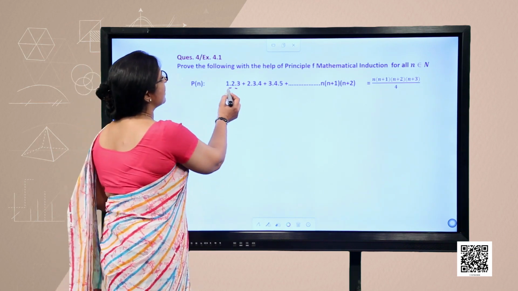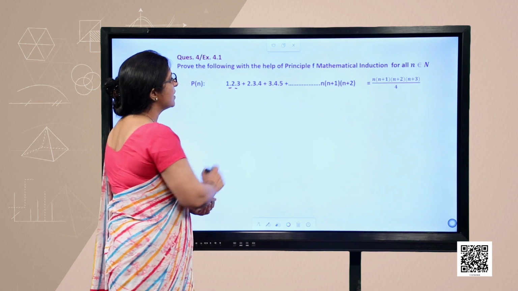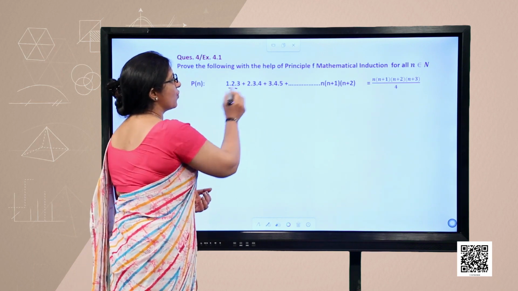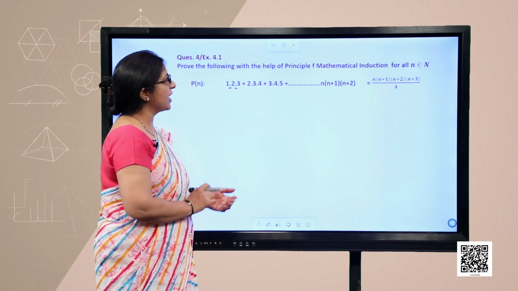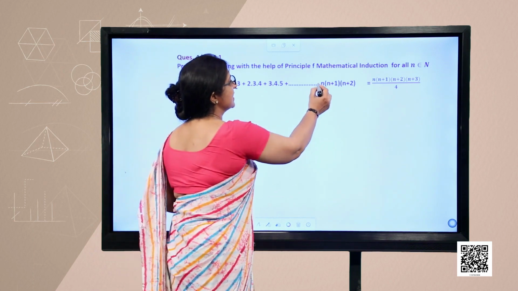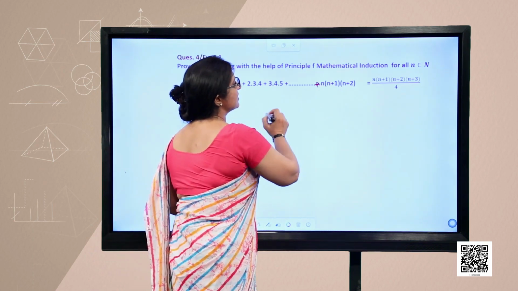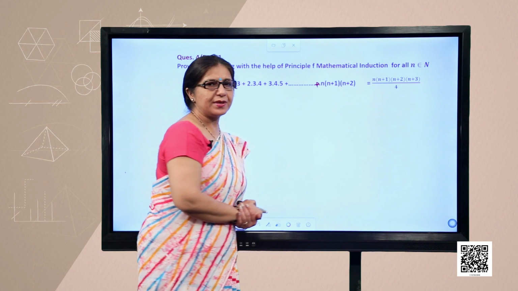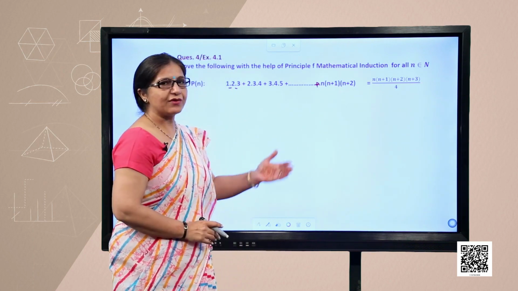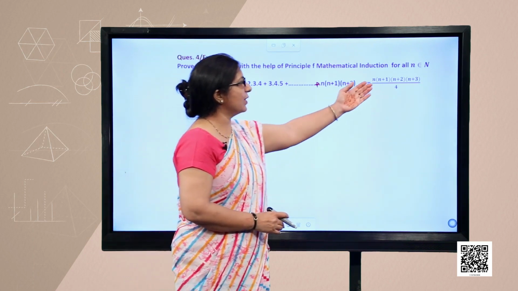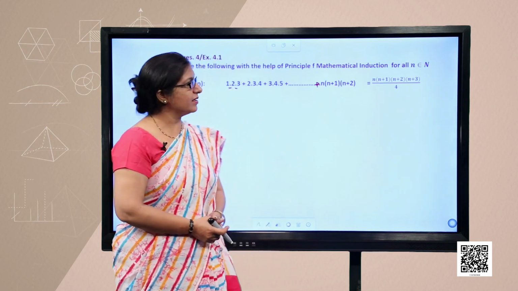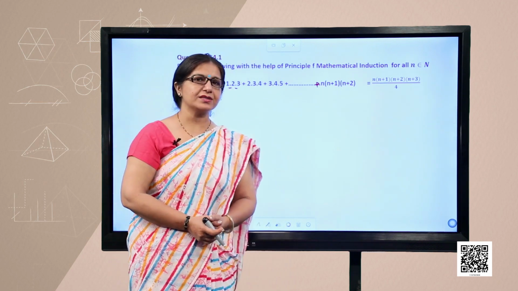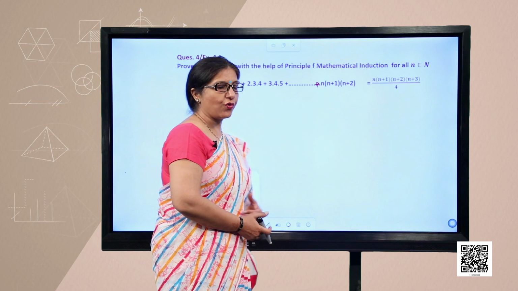So, we will read it like 1 into 2 into 3 plus 2 into 3 into 4 plus 3 into 4 into 5 plus, this is the general term or the last term of this equation, n into n plus 1 into n plus 2, and we need to prove that it is equal to n into n plus 1 into n plus 2 into n plus 3 divided by 4.